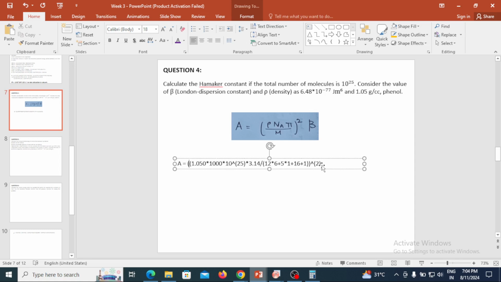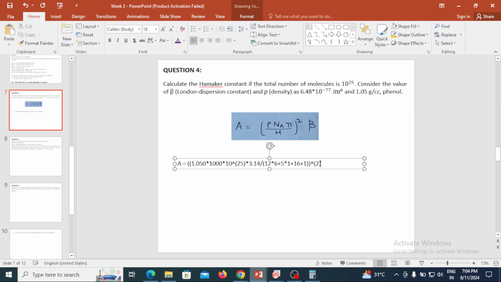You need to know the molecular formula for phenol. I hope it will be given in the question, but in case you don't know, it is better to know at least the molecular weight of the components present in that chart. There are so many, right? Water, aniline, chlorobenzene, fluorobenzene, ethanol.